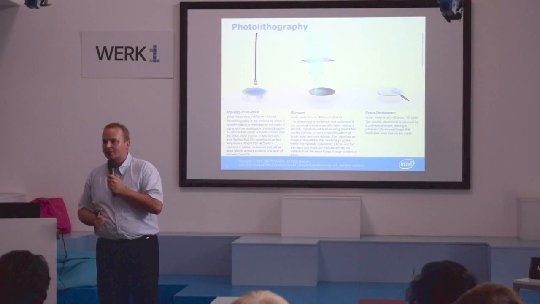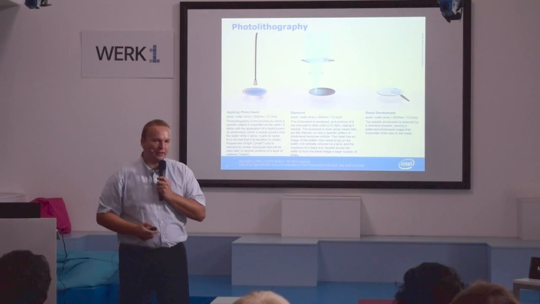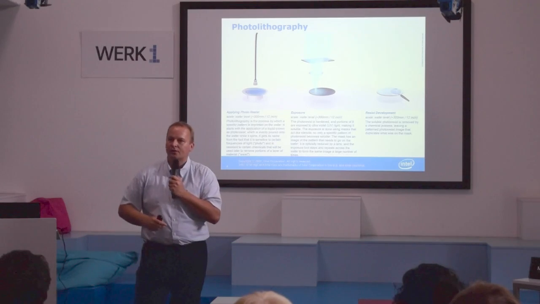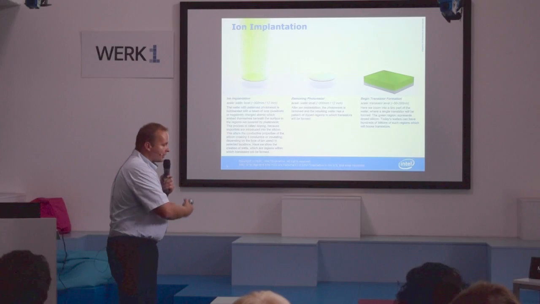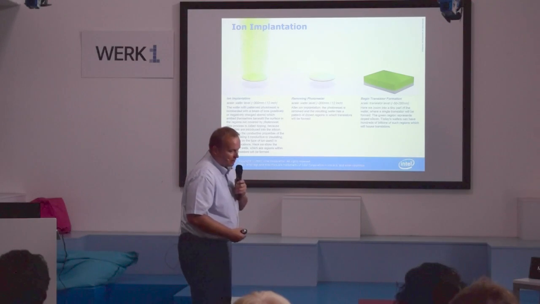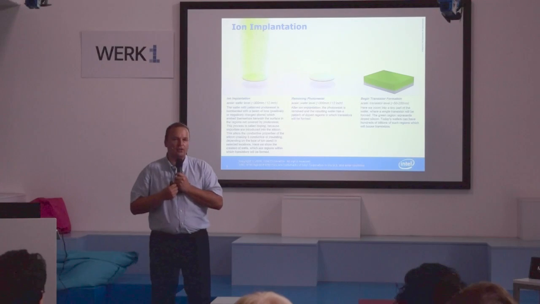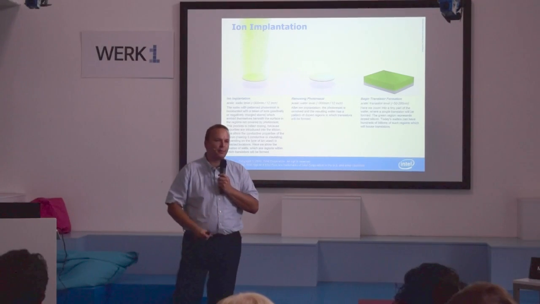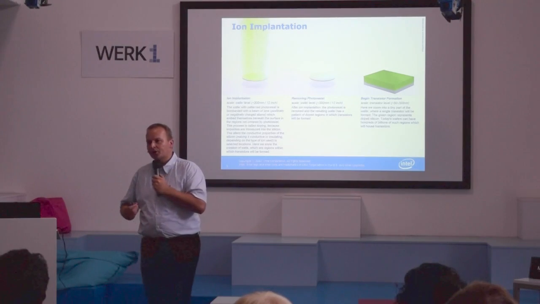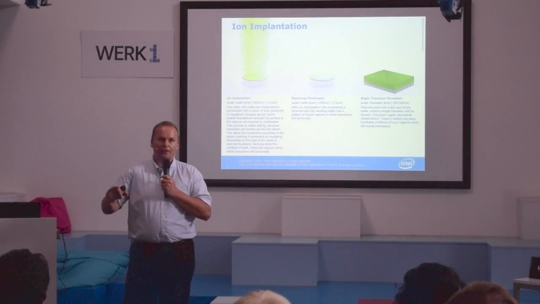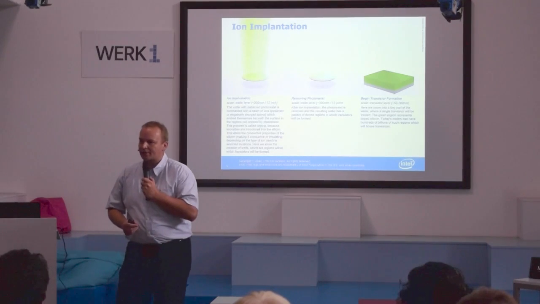A whole lot of the processes use photoresist and exposure through light in order to coat parts of that wafer. Now, as I already said, one way of altering the surface of the wafer, and that's actually the first step that we do, is ion implantation, because we want the surface of the wafer to have specific properties that we need in order to create transistors.